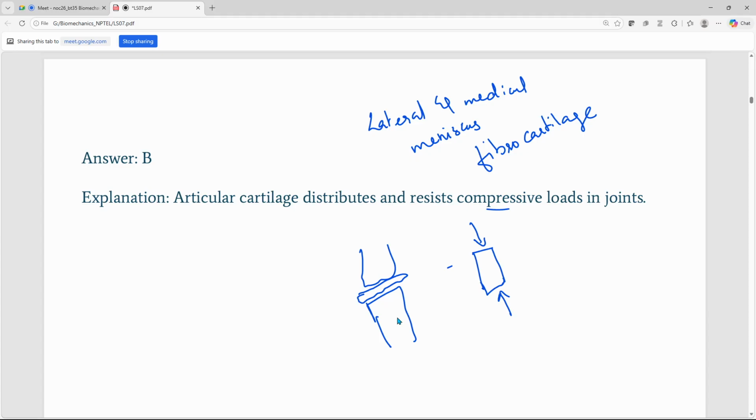They also resist the compressive loads, because under movements and load taking, the forces from the bones will be coming in the direction of the joint. So there, some cartilage cushions are there to reduce the wear and tear of the movements.